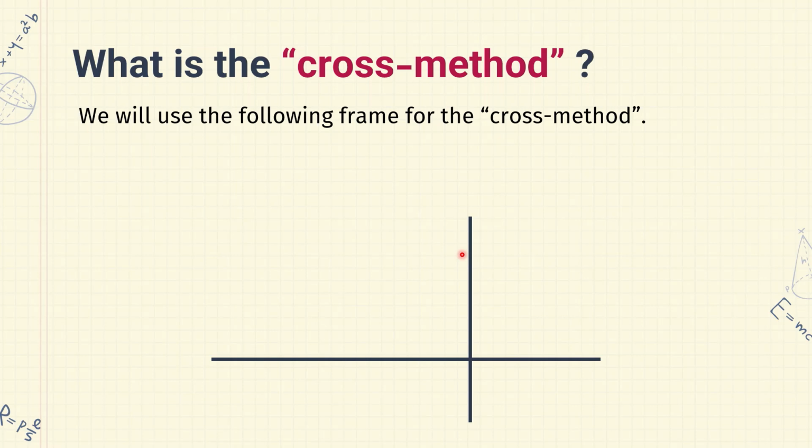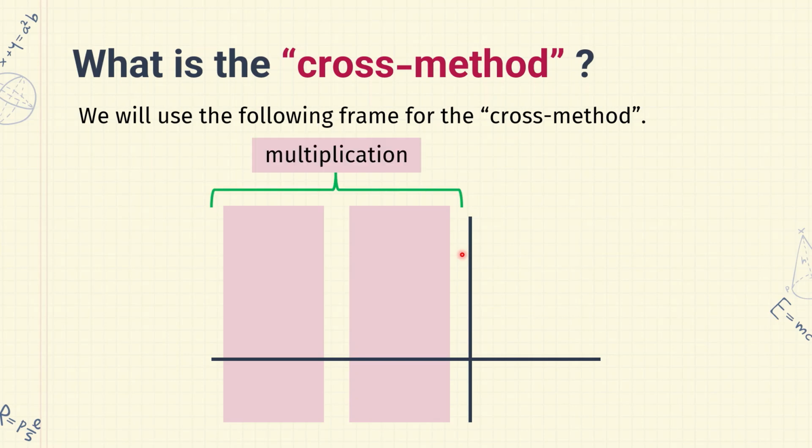What I want us to know at this juncture is that there are going to be two columns, and in this area that I've highlighted in pink, the things to be found there will have to undergo multiplication. The things here will undergo multiplication.